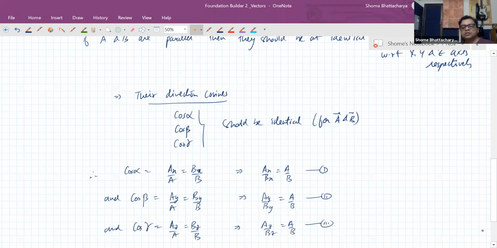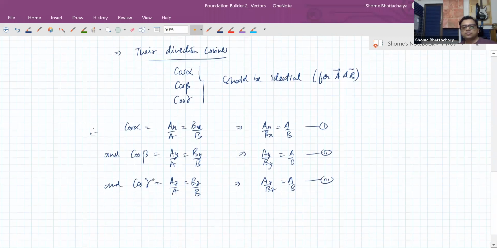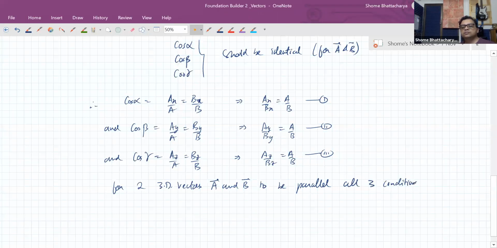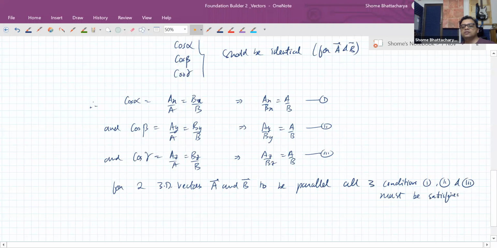Okay. So therefore, we can see that for two three-dimensional vectors A and B to be parallel, okay, all three conditions, that is 1, 2 and 3, must be satisfied. Okay.